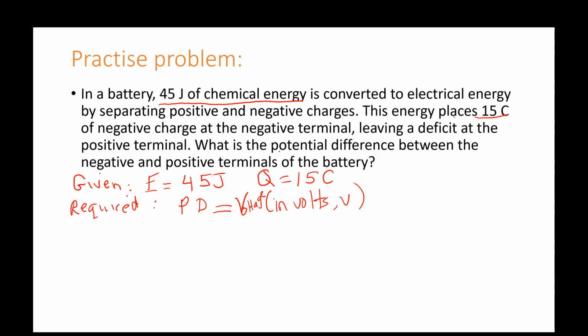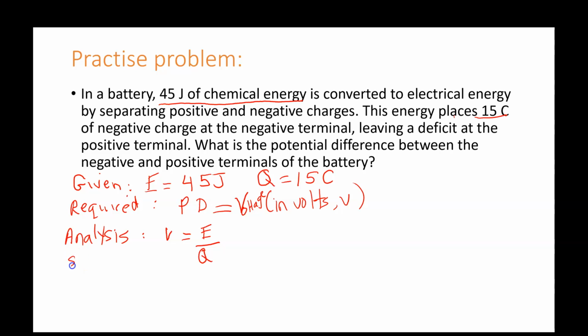Anyways, okay. And so in order to complete this problem, we need to analyze it, and we need to use an equation for that, which I already gave to you in the other slide. Okay, so voltage is equal to E over Q, so energy over charge.